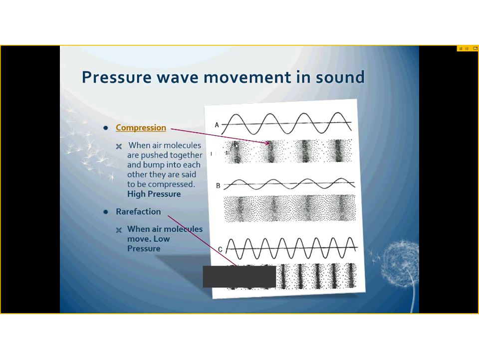When the vibratory source is moving back to its original point of rest, pressure is low. The air molecules are allowed to move apart, and that's a period of rarefaction. One period of compression and one period of rarefaction is considered one cycle.